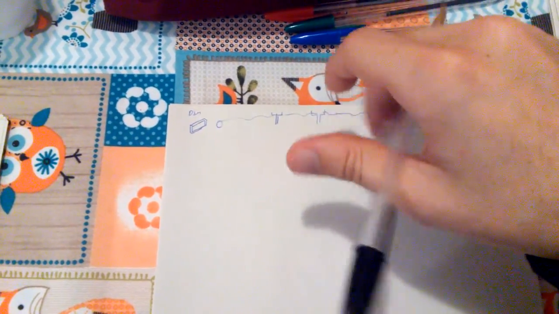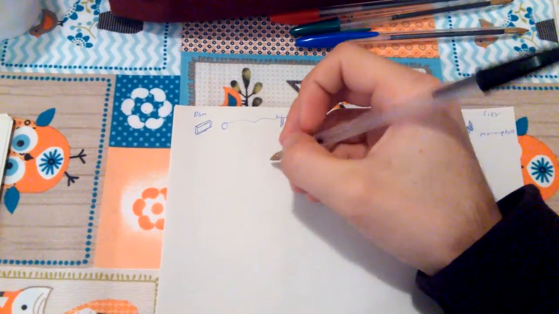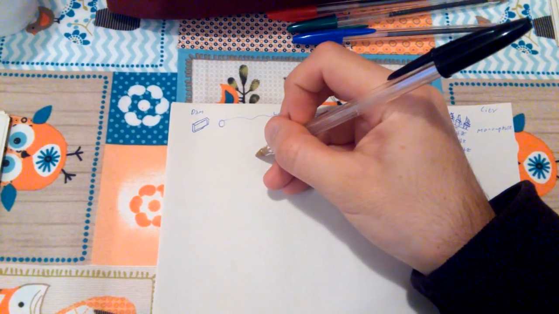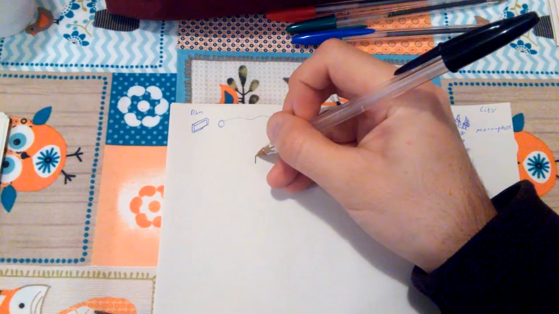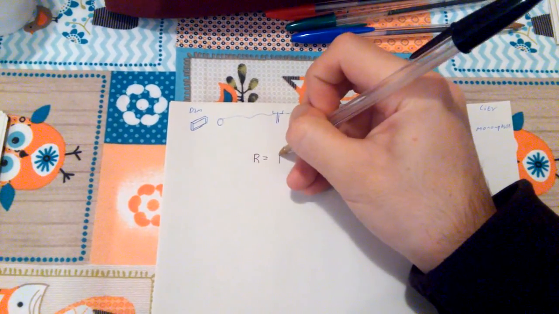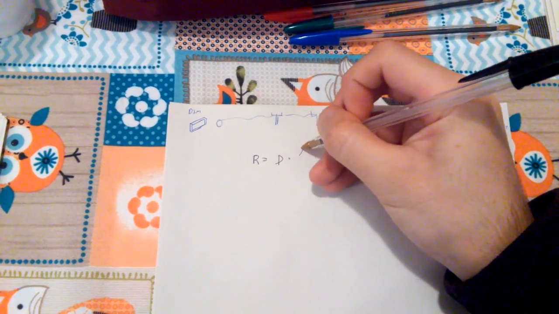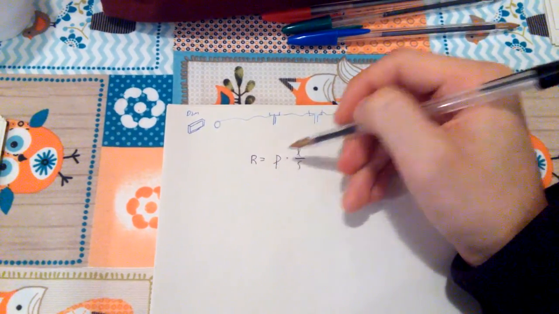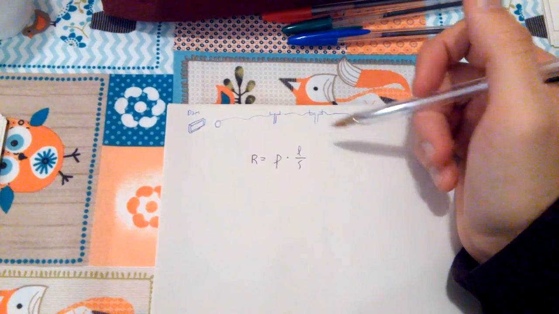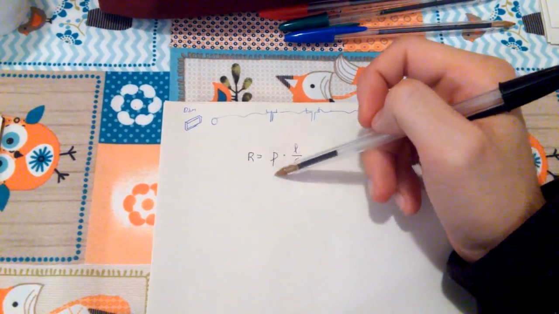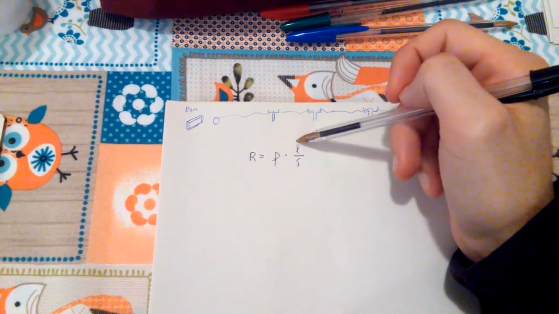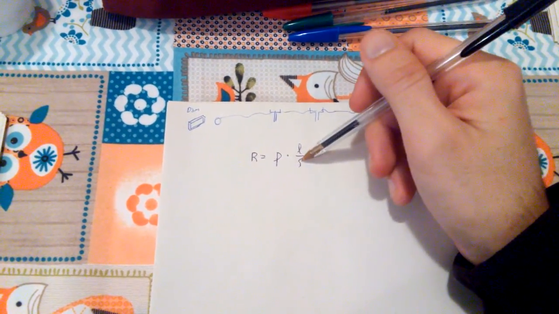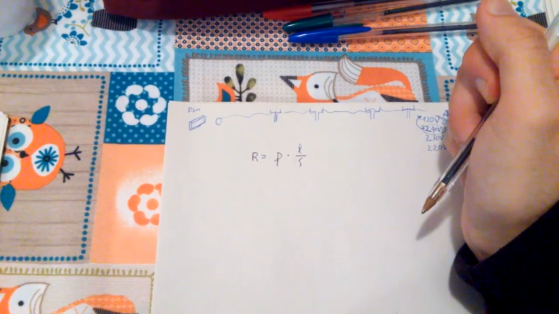At the very beginning when we were talking about Ohm's law, we said that the second Ohm's law was R is equal to rho times L over S. So the resistance of a certain material is proportional to rho, which is a constant, times the length of the wire, in this case, over the surface of the wire.